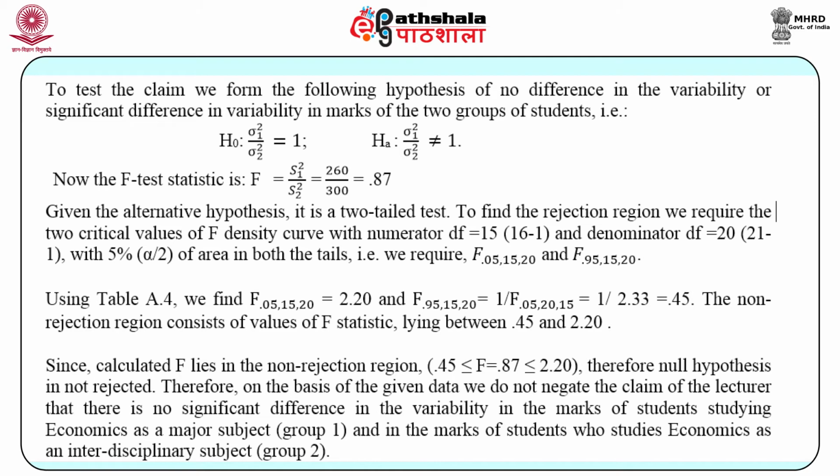Therefore, the non-rejection region consists of values of the F statistic lying between 0.45 and 2.20. Since the calculated F lies in the non-rejection region, that is F equal to 0.87 is greater than or equal to 0.45 and less than or equal to 2.20, the null hypothesis is not rejected.